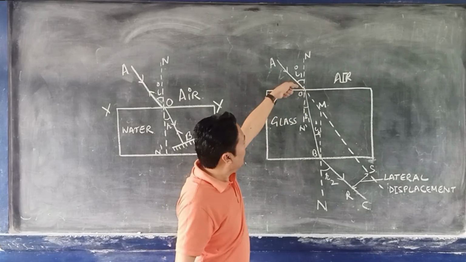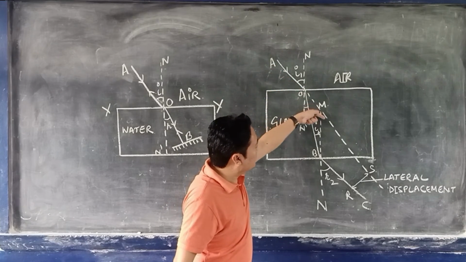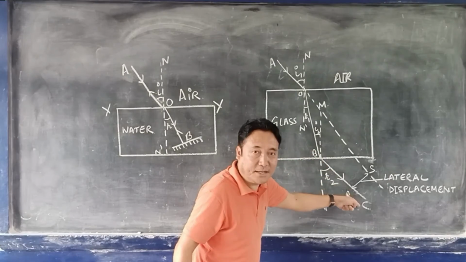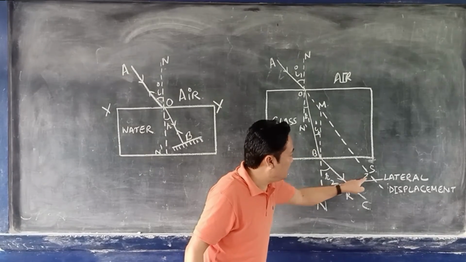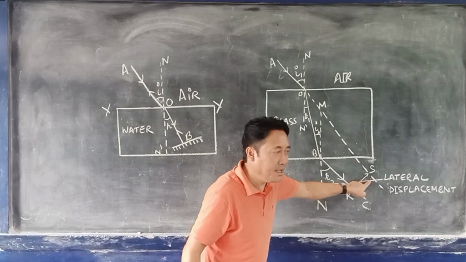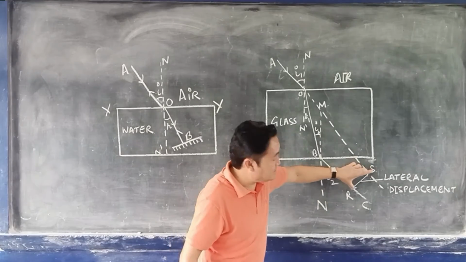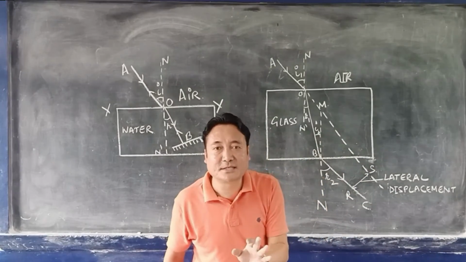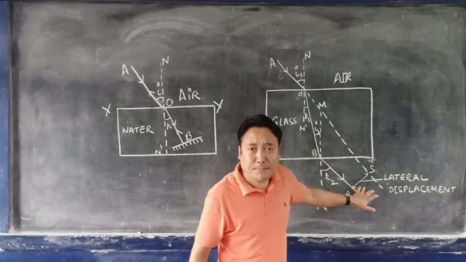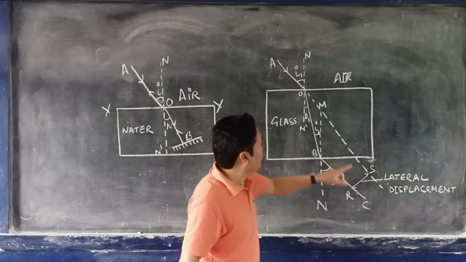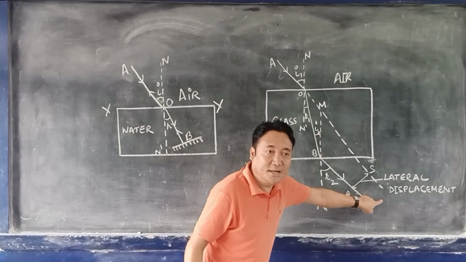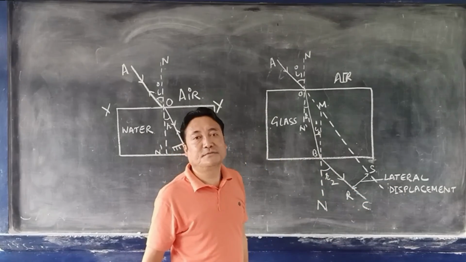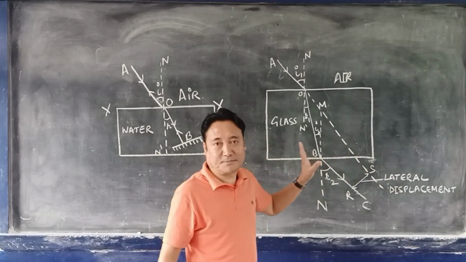So when you draw the original path of the incident ray and the emergent ray, the perpendicular distance between this original path of the incident ray and the emergent ray is called the lateral displacement. So lateral displacement is the perpendicular distance between the original path of the incident ray and the emergent ray.